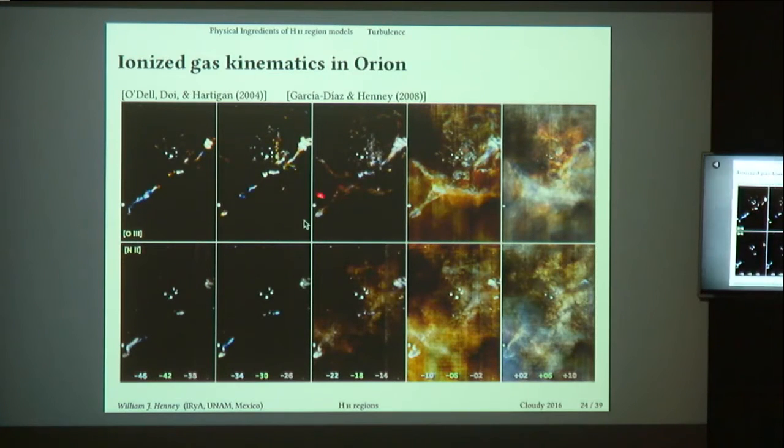So observationally, you can also look at the kinematics, and you tend to see a rather disordered velocity field. These are some isovelocity images of emission lines in Orion. At high velocities, you see the Herbig-Haro flows. Although these look very impressive, they actually represent a very small fraction of the total emission and the total mass.